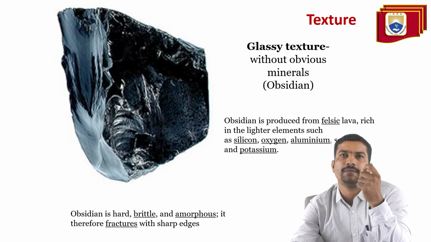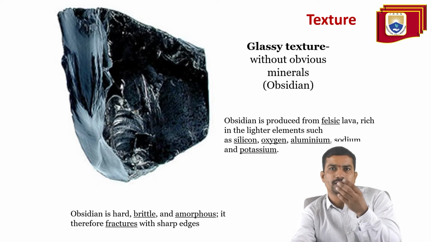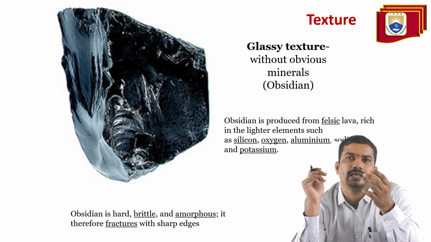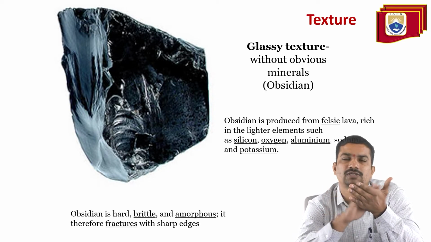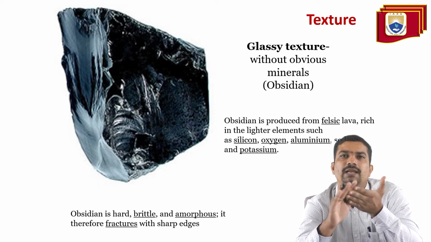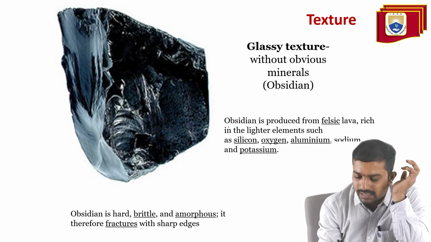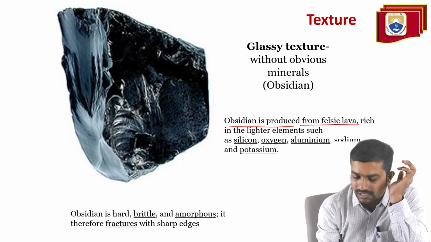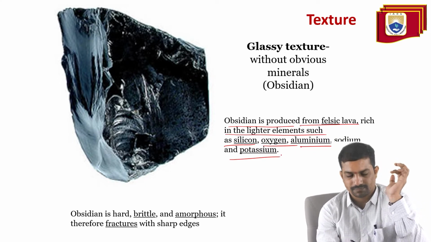This is another type of structure, where if we assume that the rock sample is very soft in nature, it has a soft texture, and it is also brittle in nature. So obsidian is produced from felsic lava rich in lighter elements such as silicon, oxygen, aluminum, sodium, and potassium.